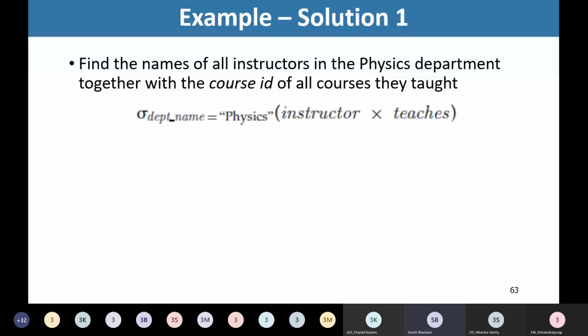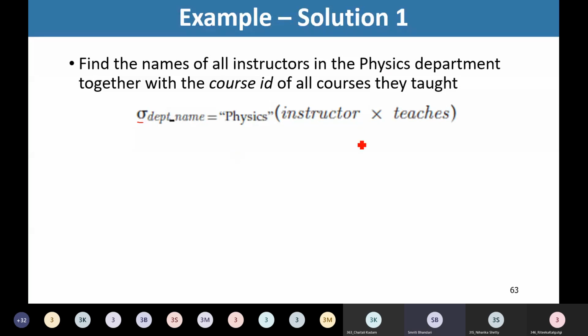So to do that, we are going to take the cross product of instructor and teachers. And as we are interested in only the department name, that is physics, we will simply use one more relational algebra operation, that is the select operation, with the predicate department name equal to physics.